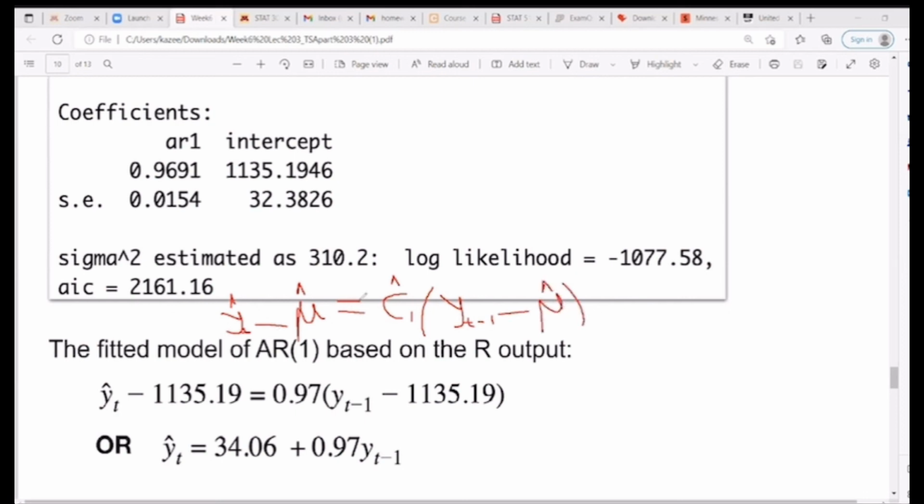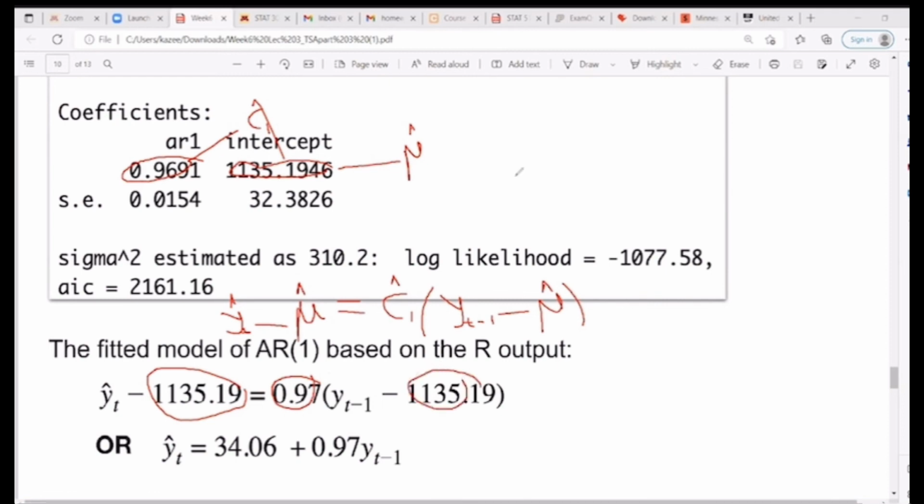That's the fitted model. So right now, this here is the mu cap, and this here is the C1 cap from the output. That's why you see I'm taking that to decimals.